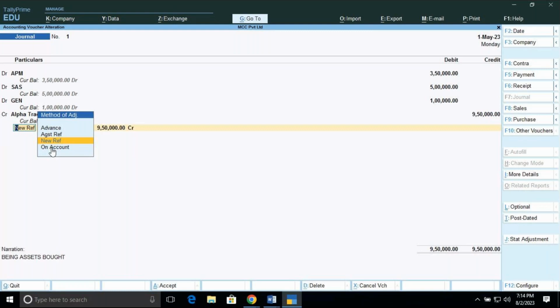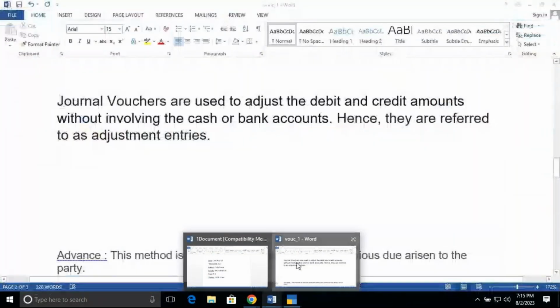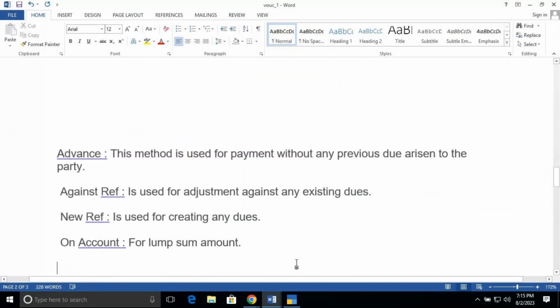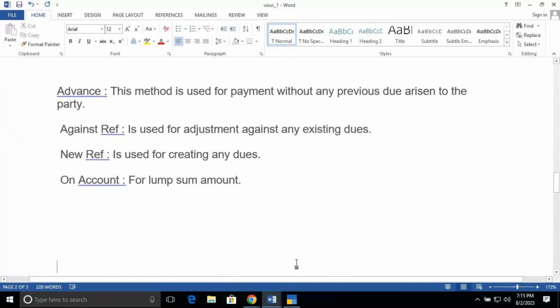So what are the other three things? Let us see what each one of them means. Please write, all of you, a small note: a trade bill has four references.